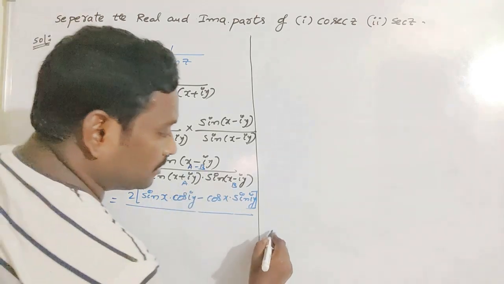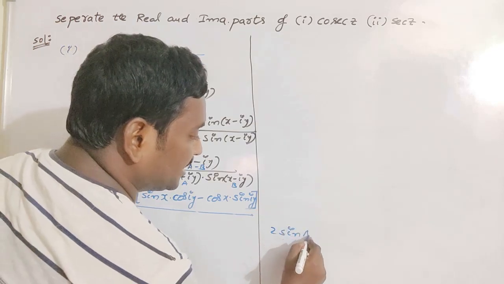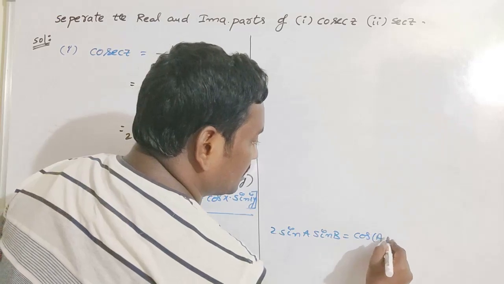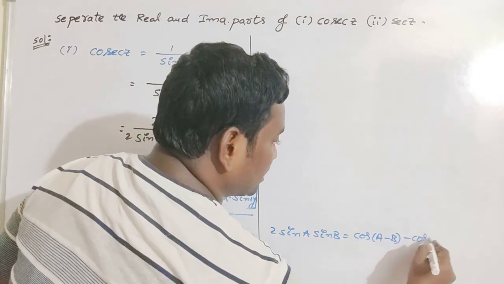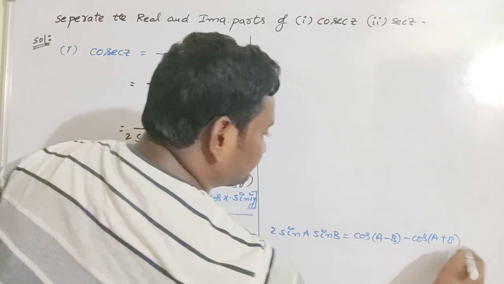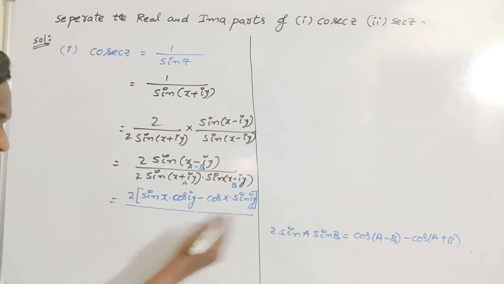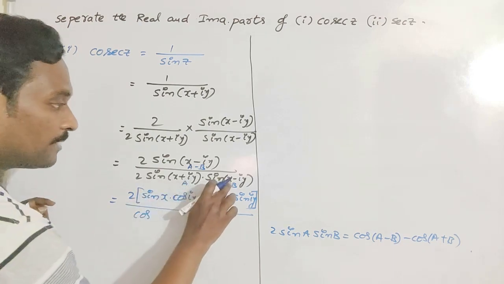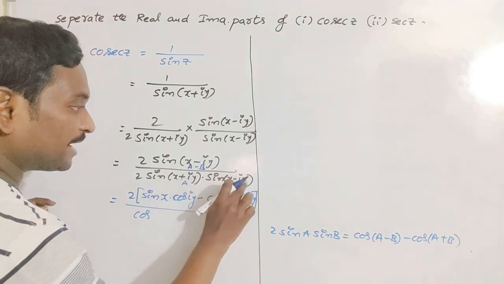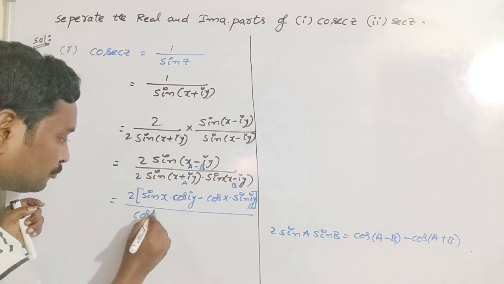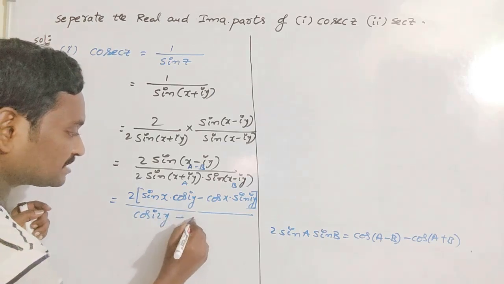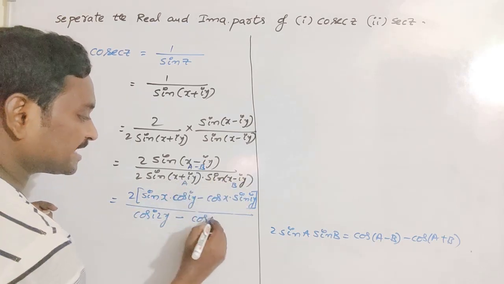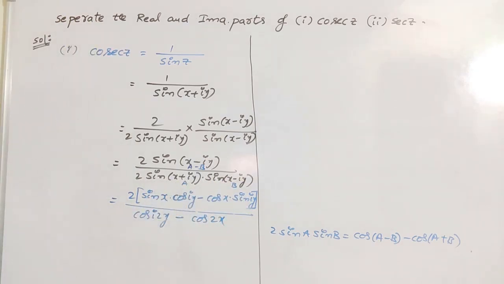What is the formula? 2 sin a sin b, already I told you in the last class, it would be cos of a minus b minus cos of a plus b. So according to this formula you will get cos of a minus b. So x minus x gets cancelled, iy minus of minus iy is i2y, minus cos a plus b. Imaginary parts get cancelled, you will get x plus x, 2x.